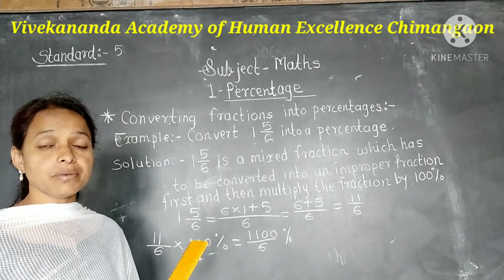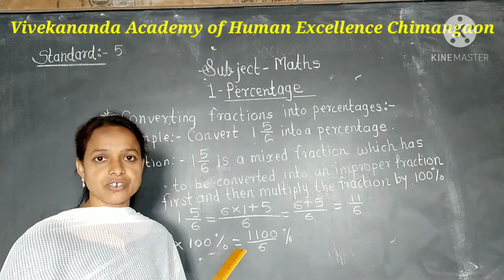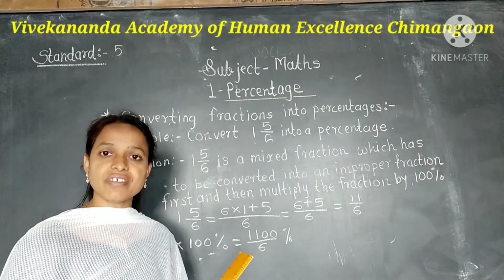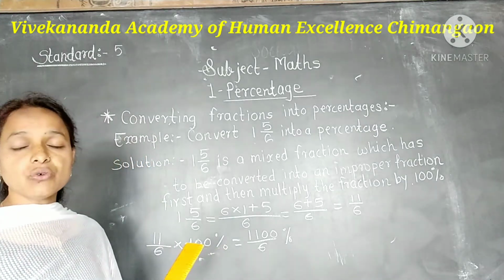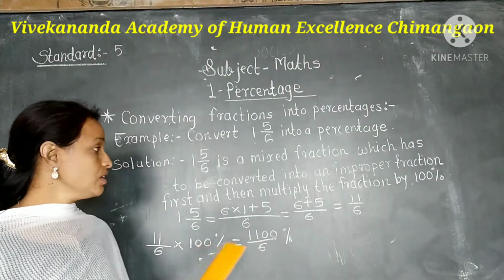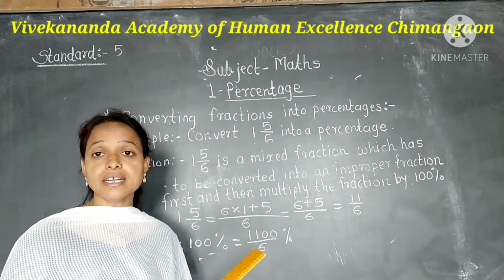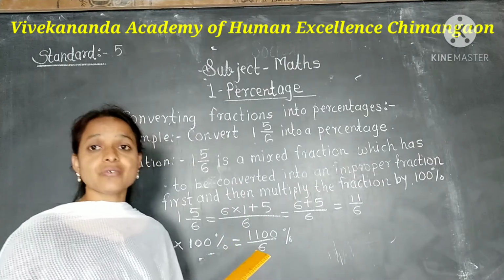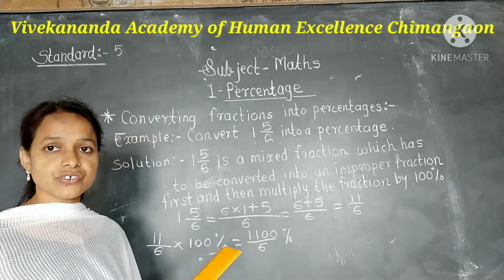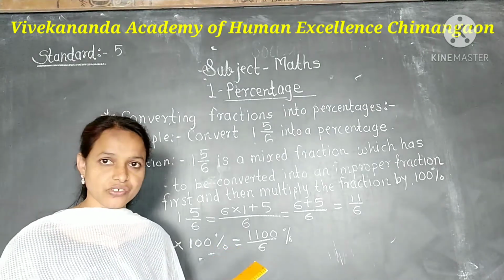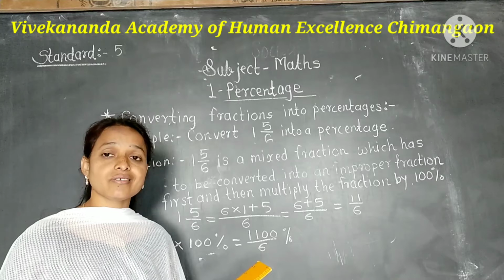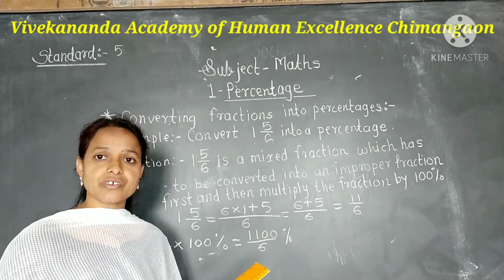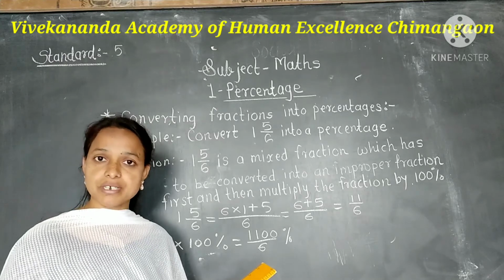Then we have to multiply the fraction by 100%. Once we get the improper fraction, we have to multiply the improper fraction by 100%.